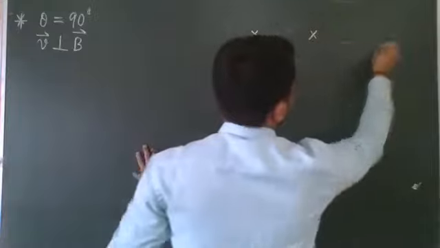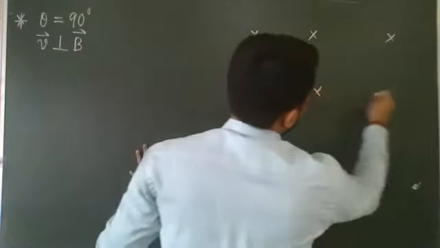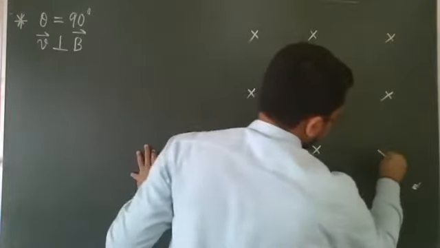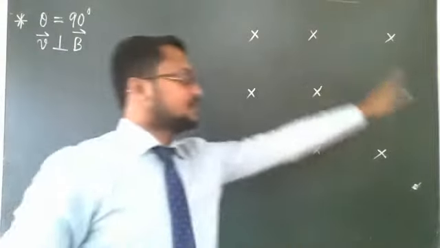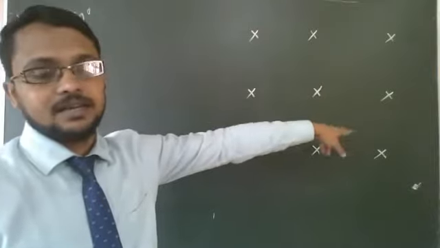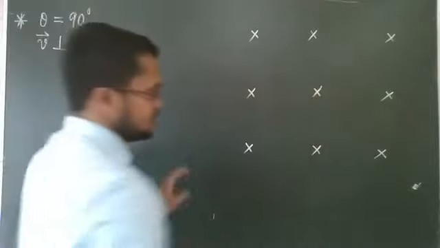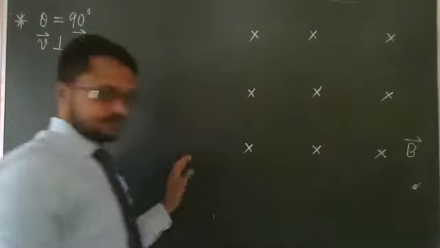This cross represents the direction of the magnetic field. The direction is entering into the board. This region represents the magnetic field region. The magnetic field is entering into the board. Clear? So here the magnetic field has a value B, suppose.